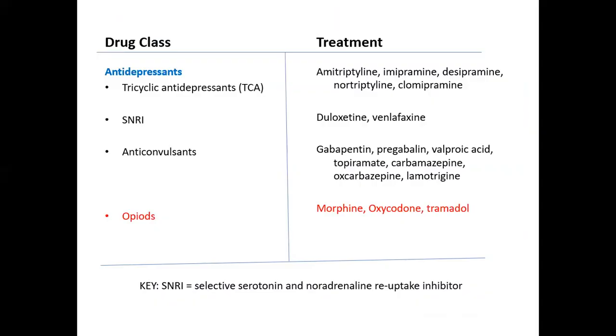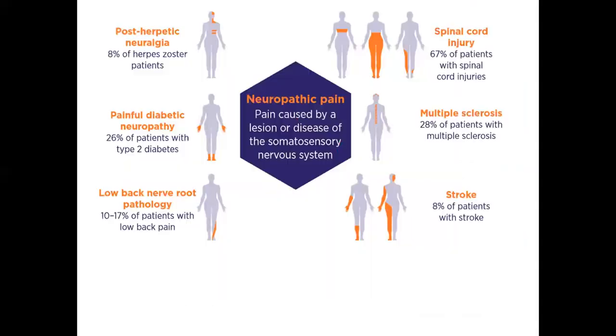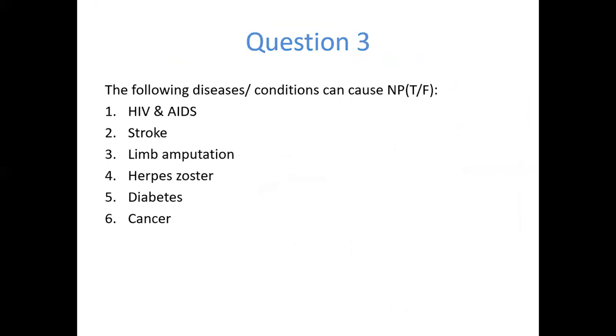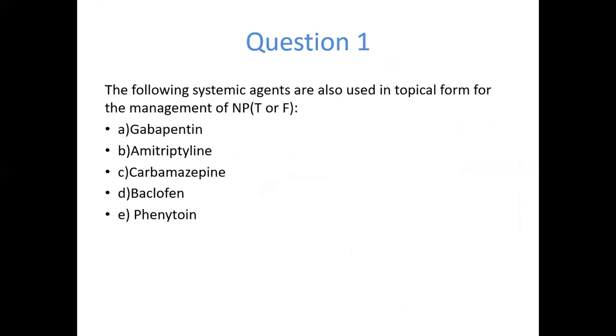So let's go back to our questions and see how we could have answered them. The following systemic agents are also used in topical form in the management of neuropathic pain. We have said all these drugs, because they are also used for management of neuropathic pain, can be crushed into topical powder, made into a paste and applied.